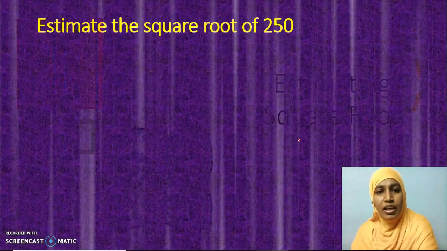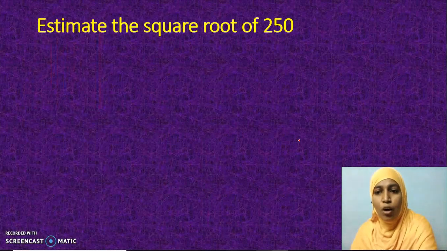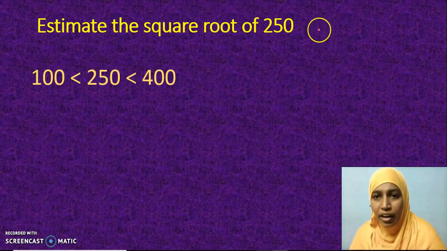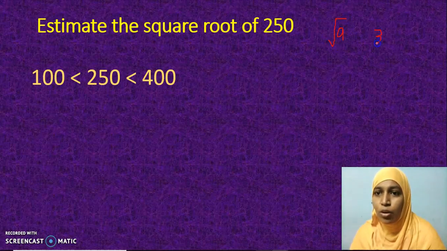Come on, children. Here is how to estimate the square root of 250. See, what is the square root of 9? 3. What is the square root of 16? 4. What is the square root of 25? 5.